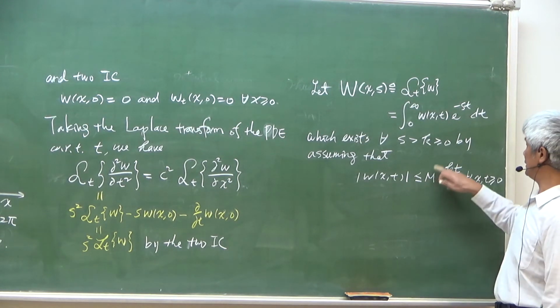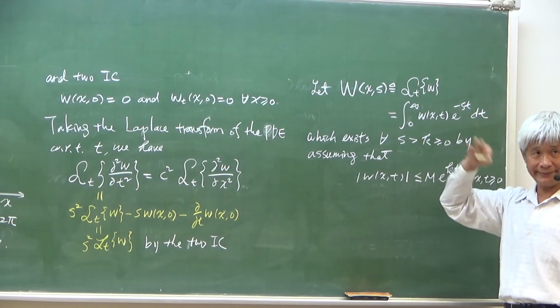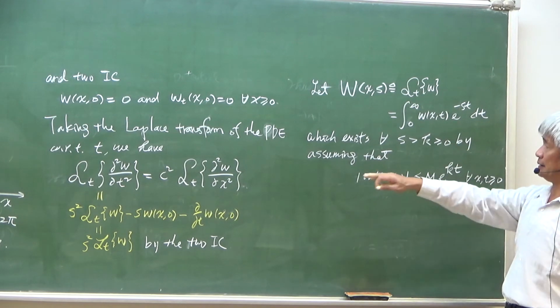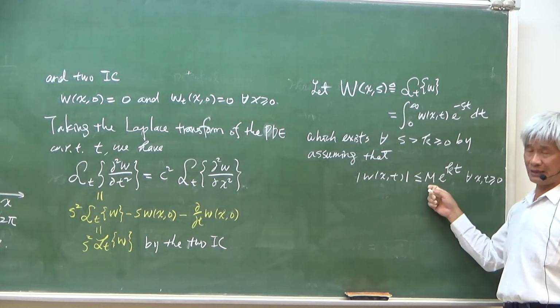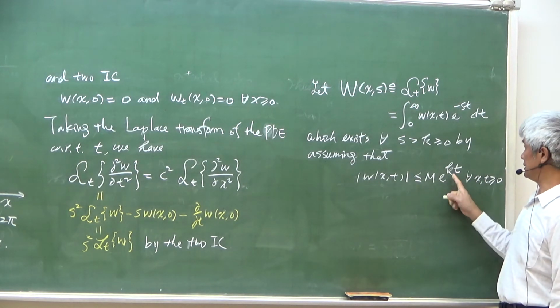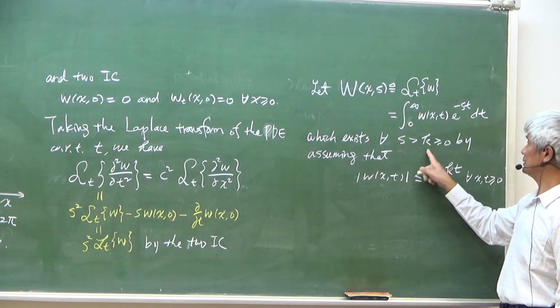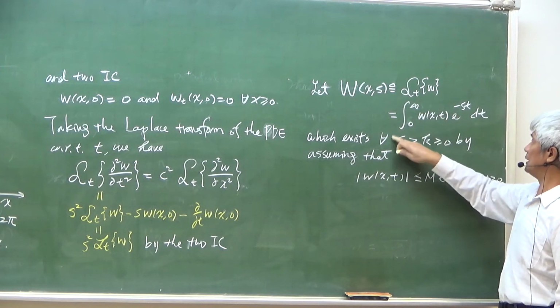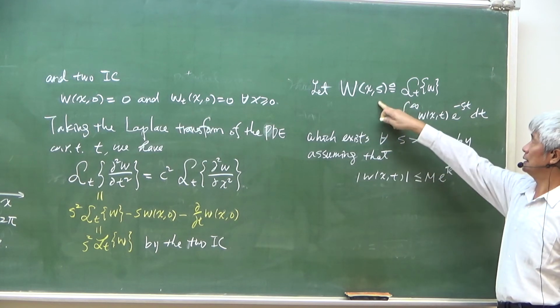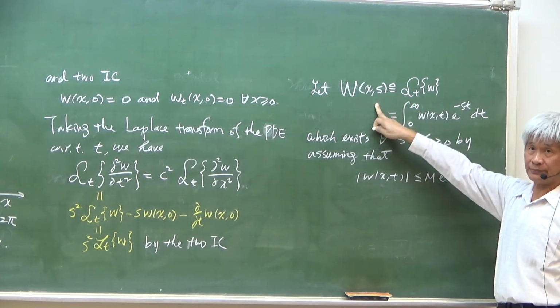In this problem this condition must be satisfied, and I think k equal to 0 is enough, but in general we can always find a big enough s such that the Laplace transform exists.